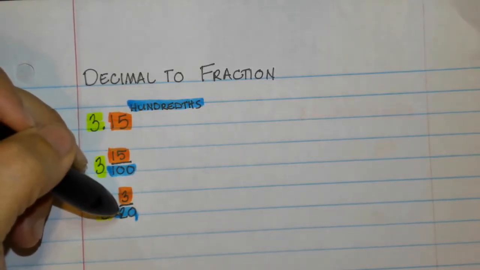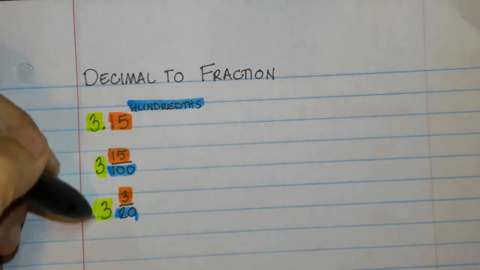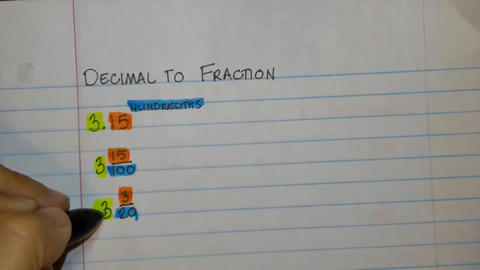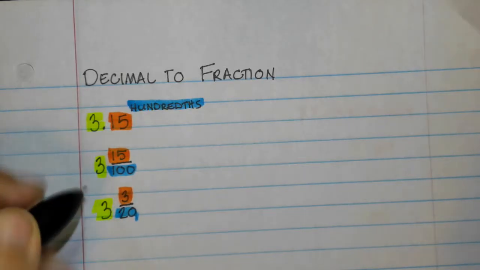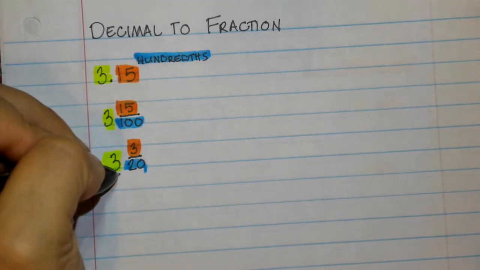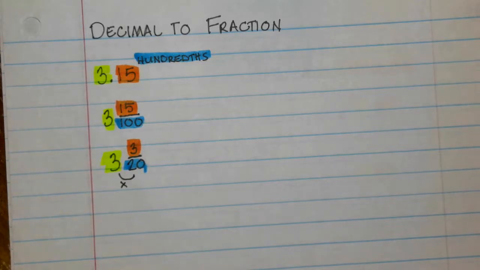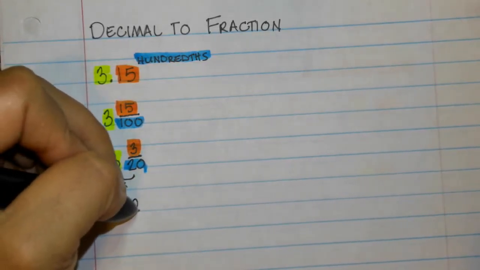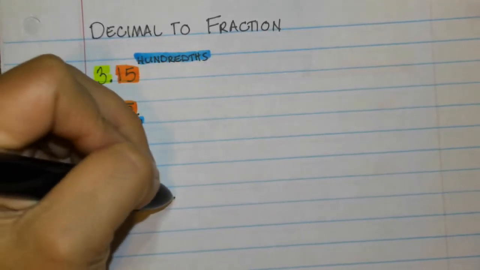So 3/20 is simplified, but we're going to now turn our mixed number into an improper fraction. In order to do that, we take our whole number and want to find it in parts of 20. So you multiply the whole number and the denominator: 3 times 20 equals 60.